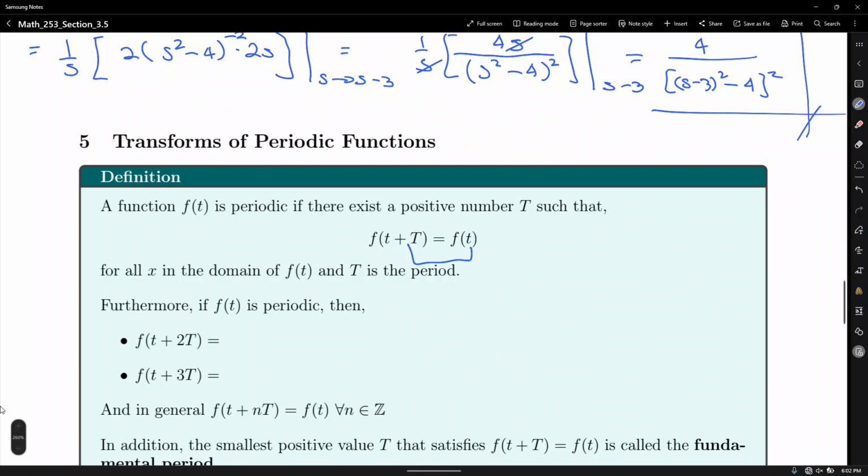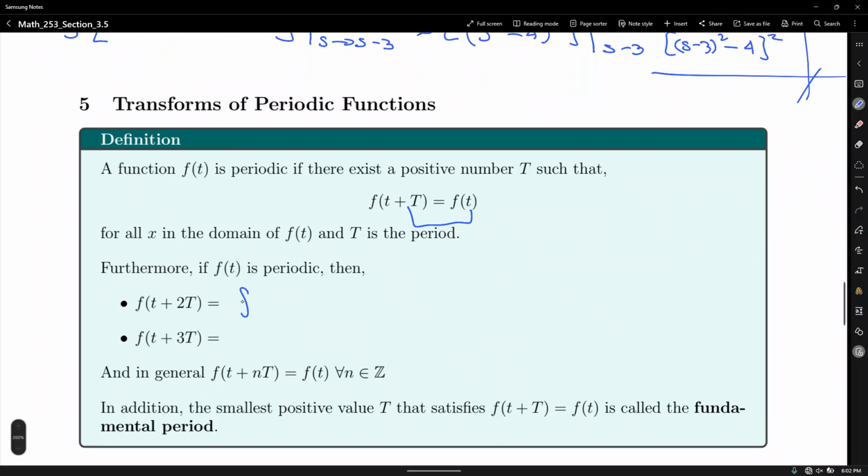But what if we add more periods and more periods, repetitions of periods? Check this out. For instance, f of t plus 2T is the same as saying f of (t plus T) plus T. Do you guys agree that T plus T equals 2T? Well, using the definition of a periodic function, this is equal to f of t plus T, which at the same time is f of t.